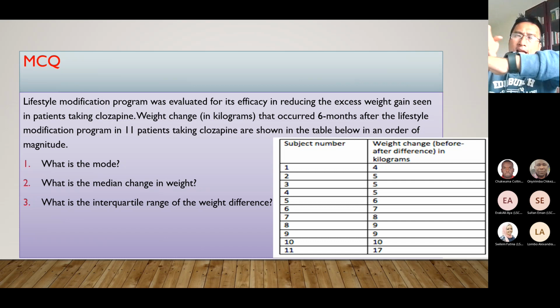Between 50 and 0, there's 25. The difference between 75 and 25 is the interquartile range. I'm going to give you 1 minute. If you have your answer, please show the thumb sign with an emoji once you solve this question.